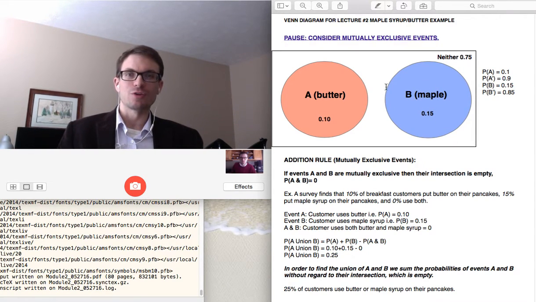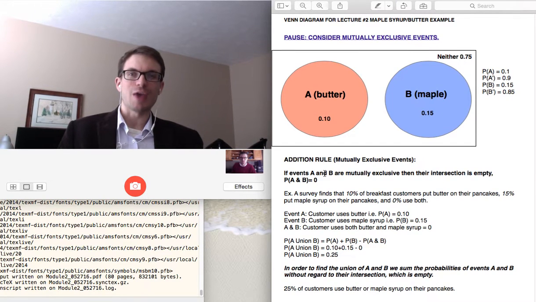And what I did is I took the percentage in the intersection, probability of the intersection, and I swapped that into the neither category. So here's the probability of event A is 0.1, so 10% of people use only butter. Probability of event B is 0.15, 15% of people use only maple syrup. And then the complementary probability includes the other set plus those who use neither.